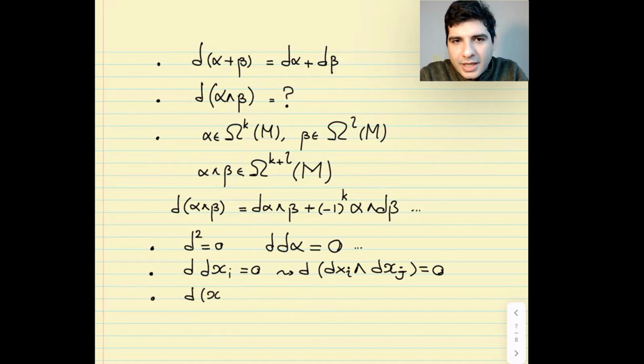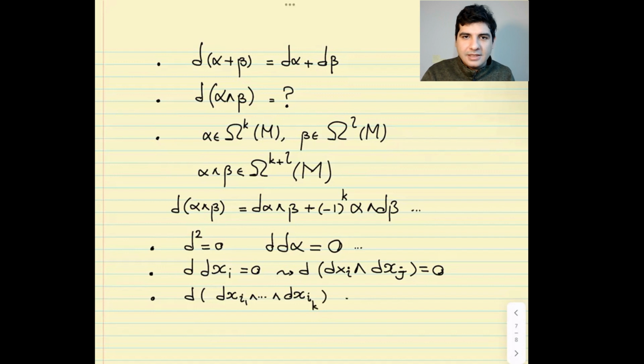And then by induction, you can extend this to a larger number of wedge products of dxi. So if I have dx i1 up to dx ik, their d is still 0. Okay, so these all follow from the two facts we mentioned above.